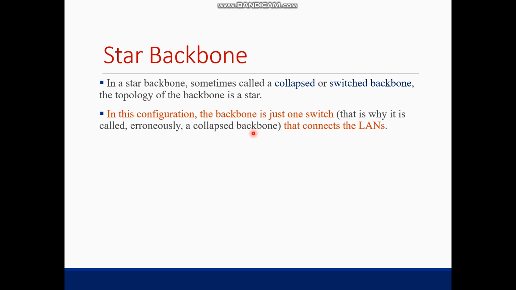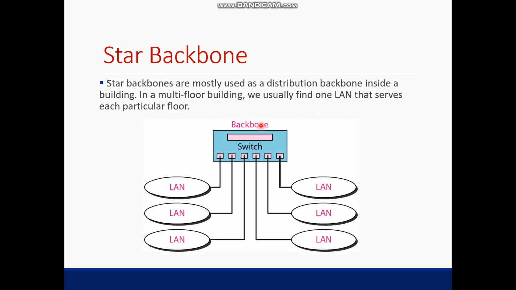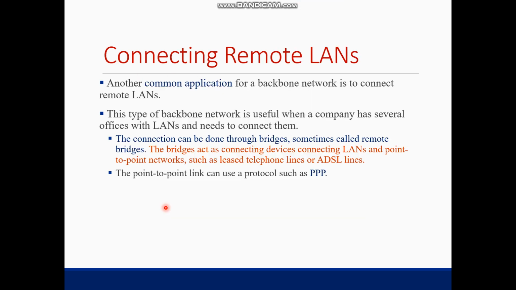Those terminologies are used because the backbone is just a switch. Here we have the backbone, which is a switch, and this is a LAN, another LAN, another LAN. Each may be a star topology or a bus topology, but by the end of the day they are all connected to a backbone, which is a switch, and this is called a star backbone.